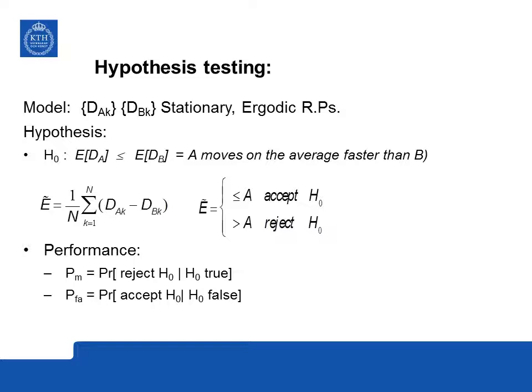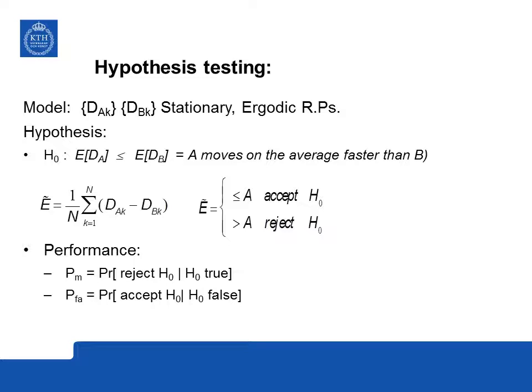So let's have a look at how the hypothesis testing is done. Again, we model the two sequences of delays as stationary ergodic random processes, and the hypothesis H0 is that the expected delay in QA is less than the expected delay in QB.